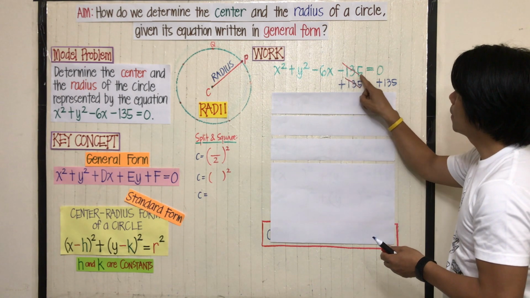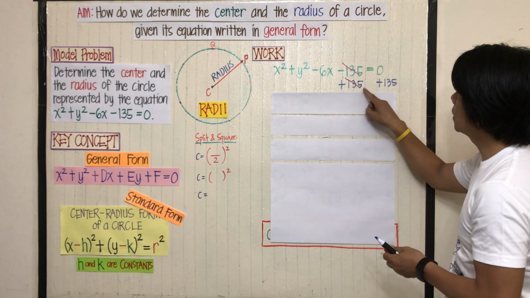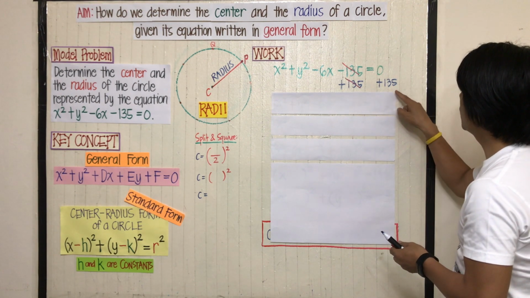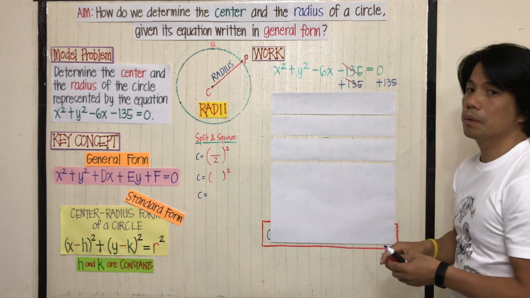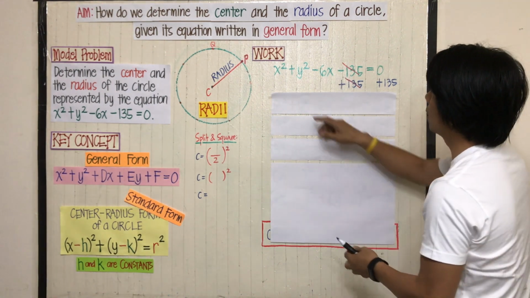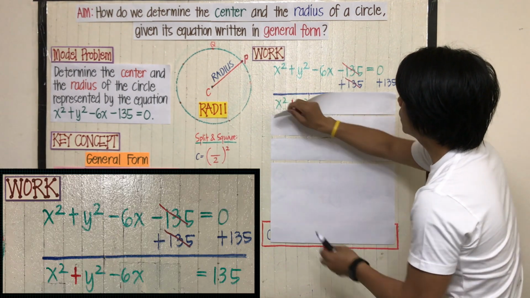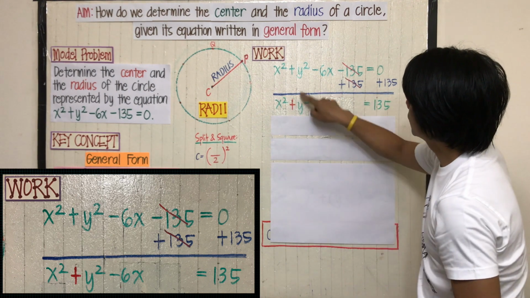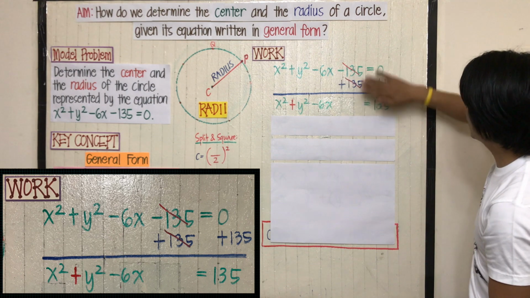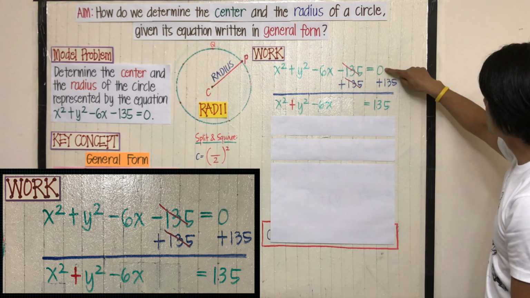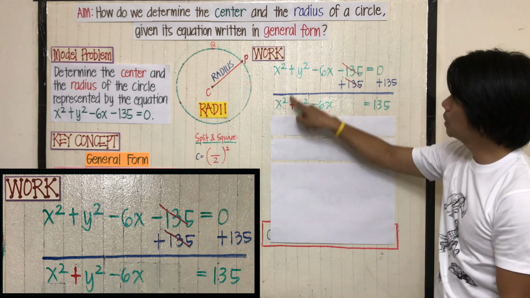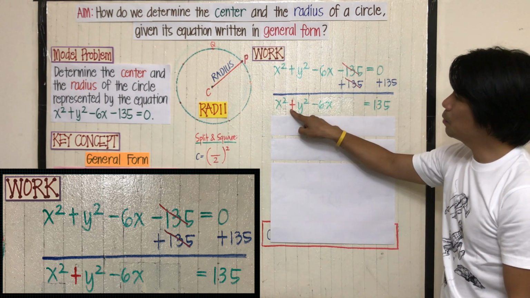Negative 135 and positive 135 cross each other out, and 0 plus 135 is obviously 135, right? So we're going to bring everything down. This is x squared plus y squared minus 6x. We cancel this out, that's equal to 0. So 0 plus 135 is 135. Notice that I put the plus sign here with a different color.